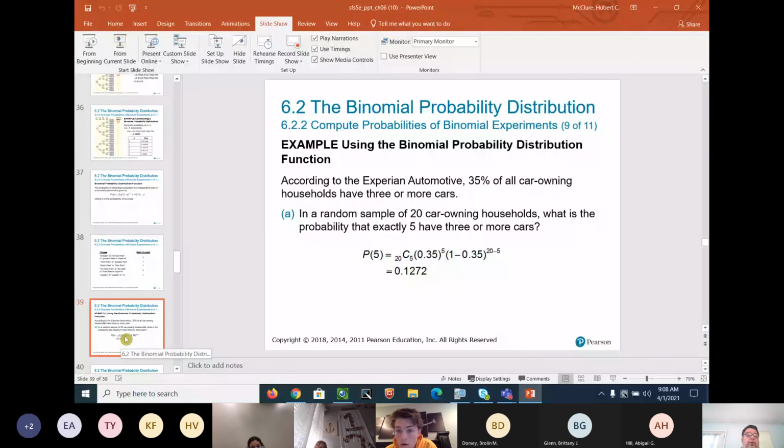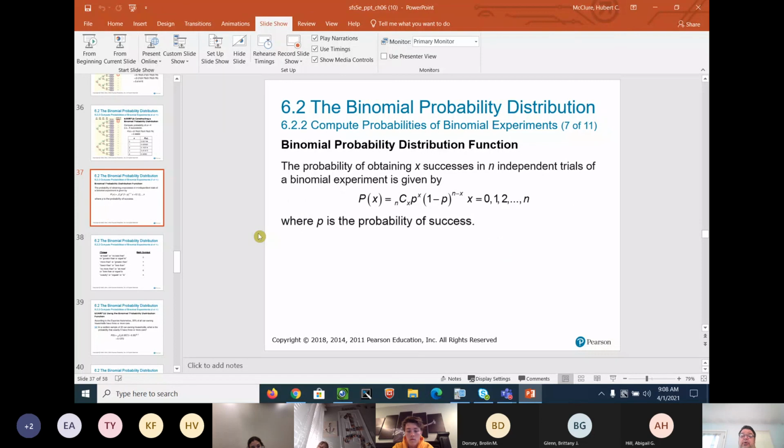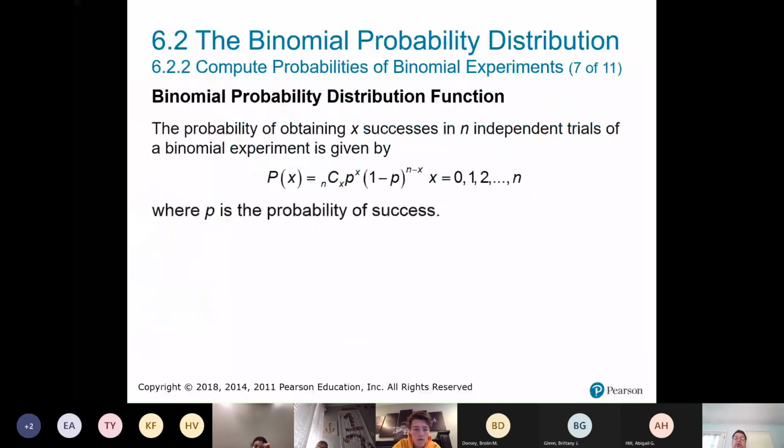Now, where is your formula? Okay, I'm giving you this formula right here, not for you to do, because we're going to do it in the calculator. So I want you to write that formula down. It says that if I want to find the probability of an event happening with the binomial distribution, I do n combination x times p to the x power times q to the n minus x power, where all numbers are what?